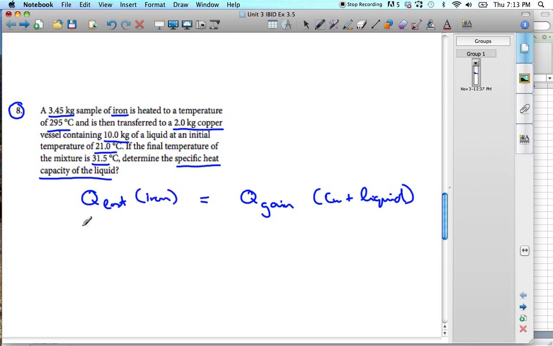So you can use our formula: mc of iron times the change of temperature of the iron is equal to mc of copper times the change of temperature in the copper, plus the mass of the liquid times the specific heat capacity, which we're trying to find, of the liquid, times the change in temperature of the liquid. So this is what we want to find, and we're going to need to isolate that.